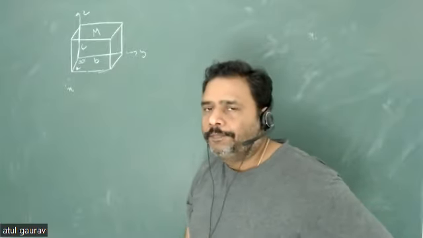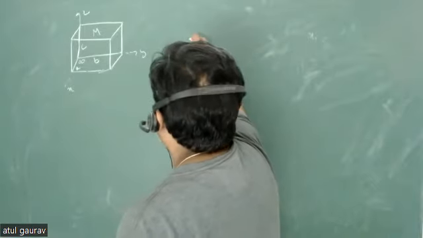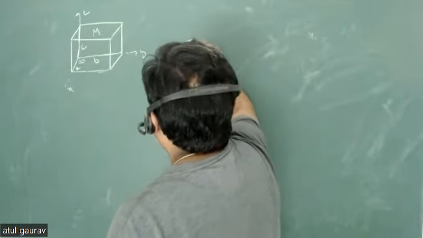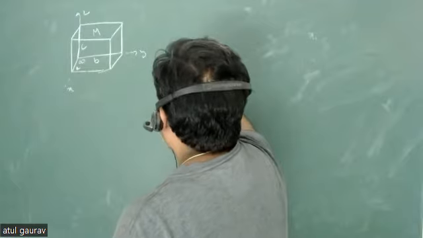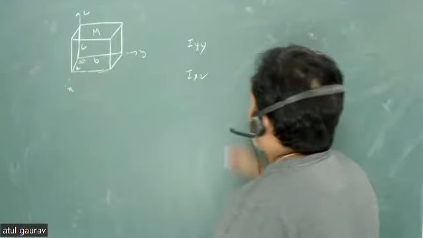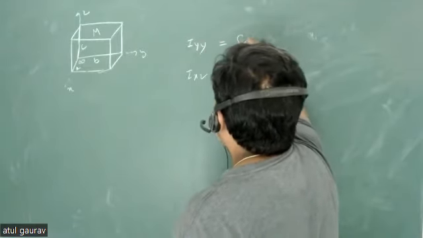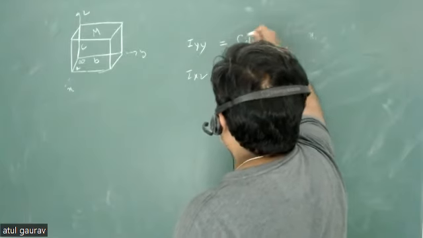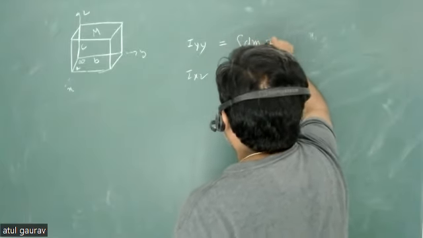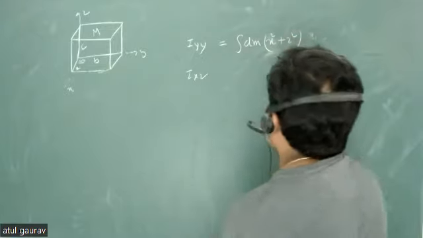Clear है ये? So what you have to do? You have to just calculate IYY and IXZ. बाकी तो आप अपने आप लिख लोगे. So what will be IYY? dm and what is the formula? फटाफट बताओ. x square plus z square. Okay.